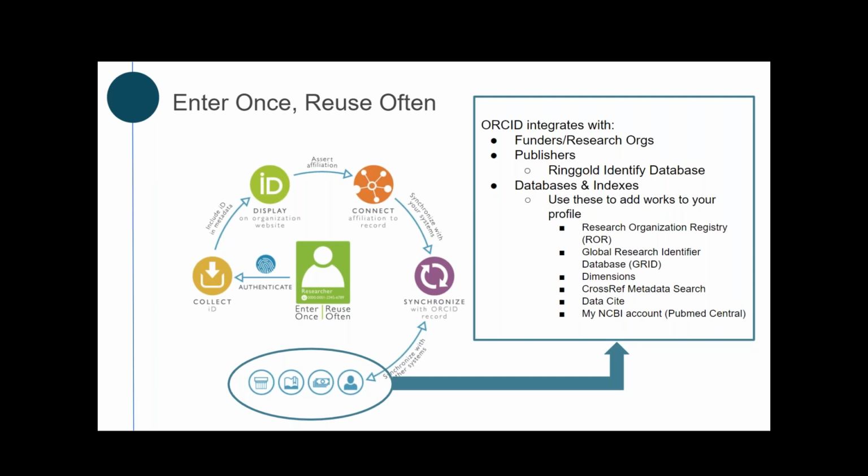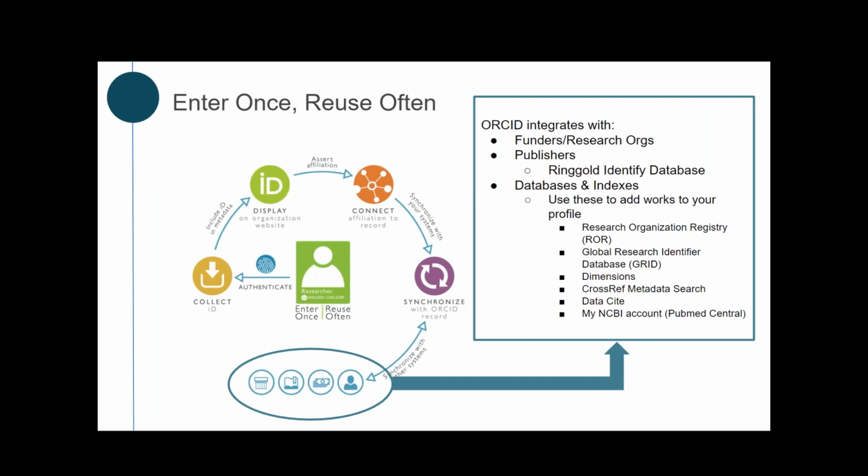By funders, we mean research organizations or other government entities like NOAA, Department of Energy, publishers like Elsevier, Wiley, databases, indexes. All of these things work and have direct linkages to ORCID to read and write information back and forth, to share that information and to authenticate your name and your ORCID identity.